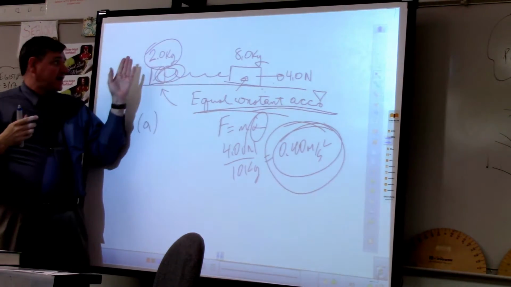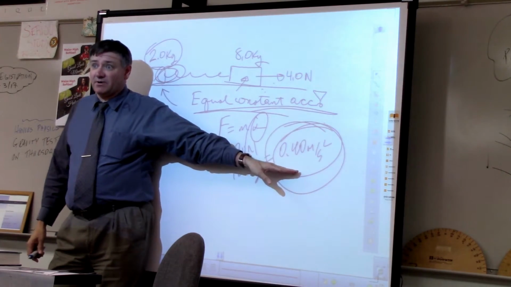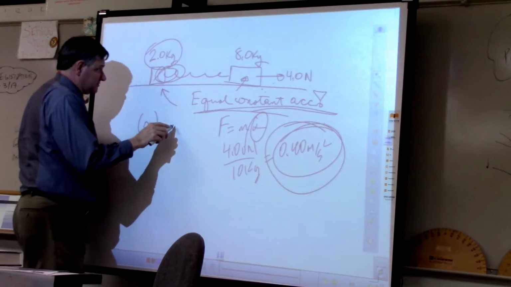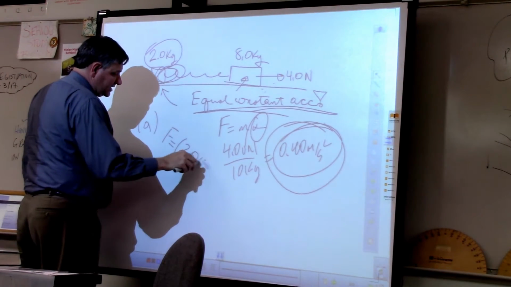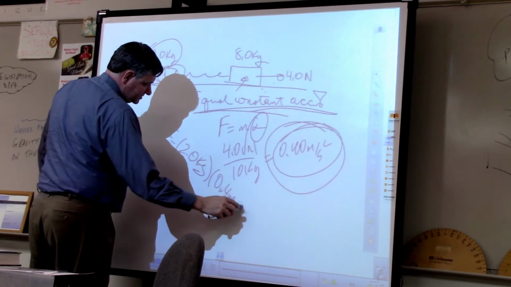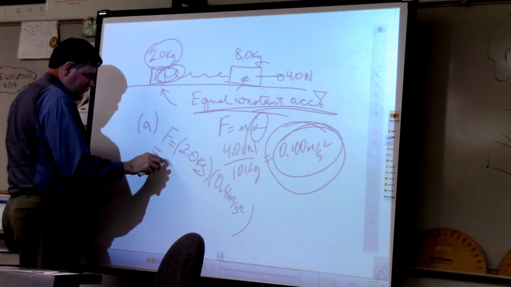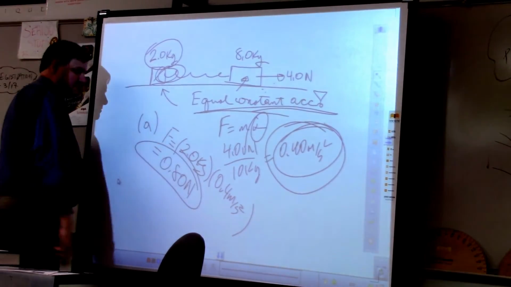I've got a 2 kilogram mass accelerating at 0.4 meters per second squared, so it's just a matter of using F equals ma a second time, taking 2 kilograms times 0.4 meters per second squared, and you should get 0.8 newtons.